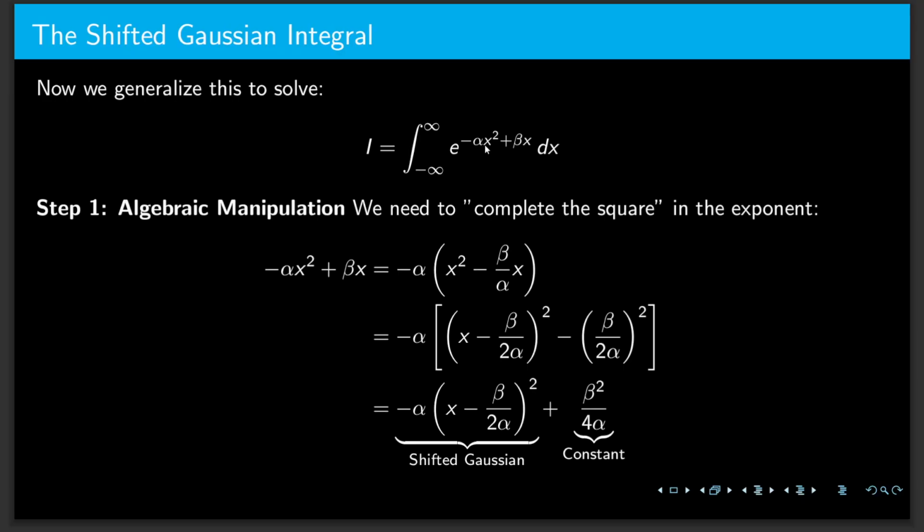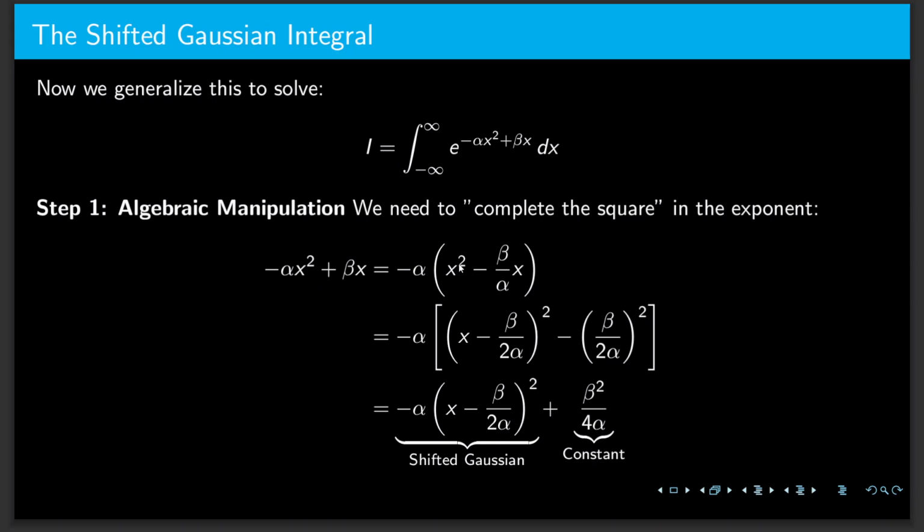To solve this, in step one, we need algebraic manipulation. We need to complete the square in the exponent. We have done these kinds of questions in our elementary classes. So with alpha x squared and beta x, we can easily complete the square, and here I have done it. First of all, we take this minus alpha term as common.